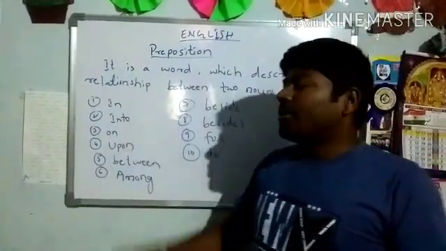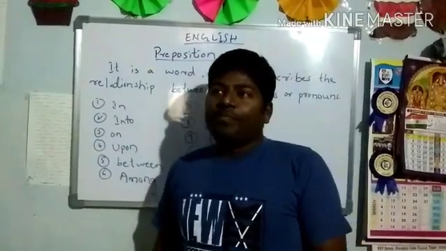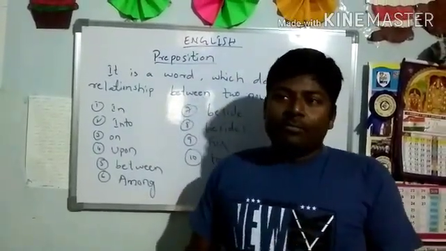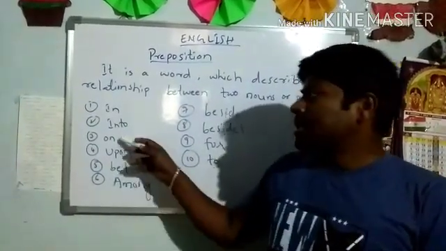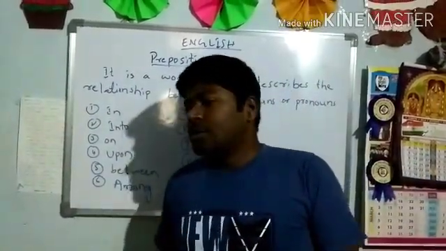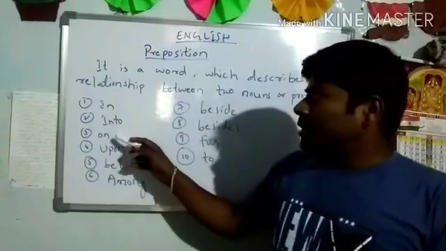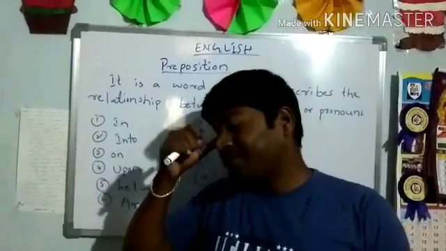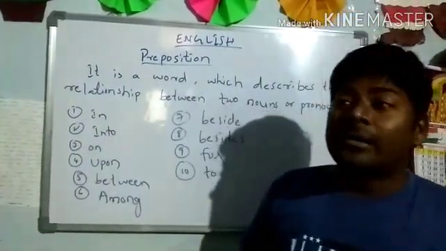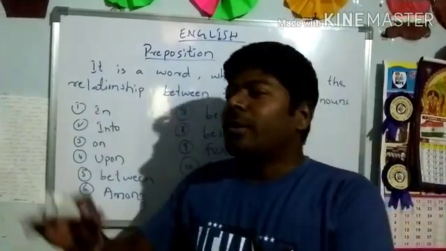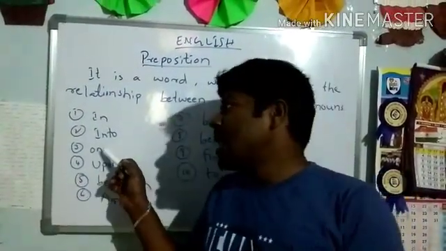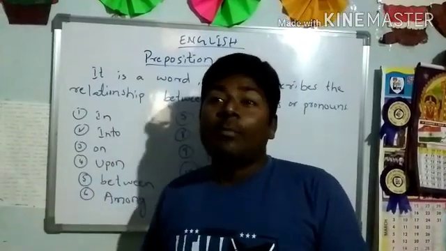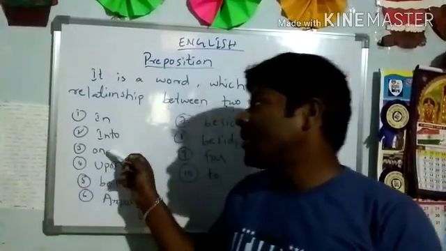And next, third one, on. Before the time, and so the meaning of on, we use on preposition. So Ravi will meet his friend on Monday. Before the name of the day we use on preposition, and before the date we use on preposition.